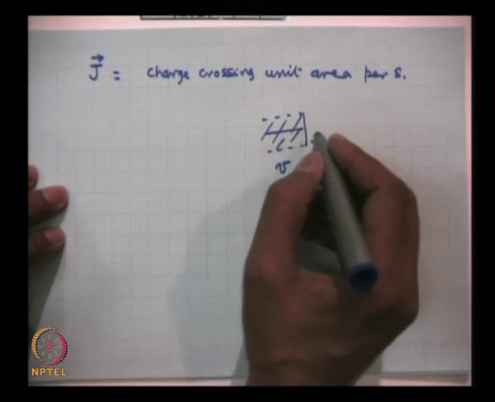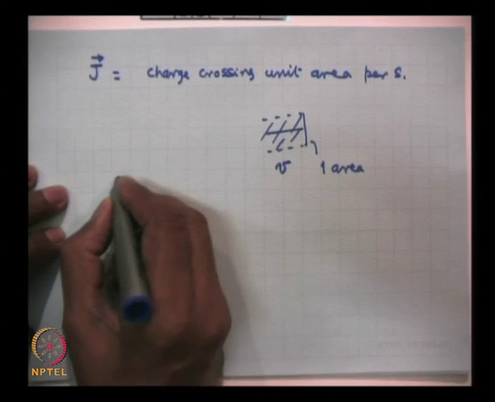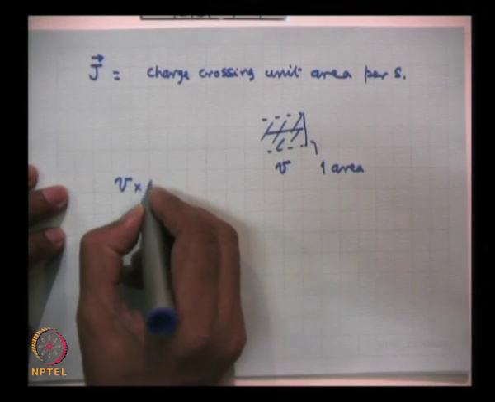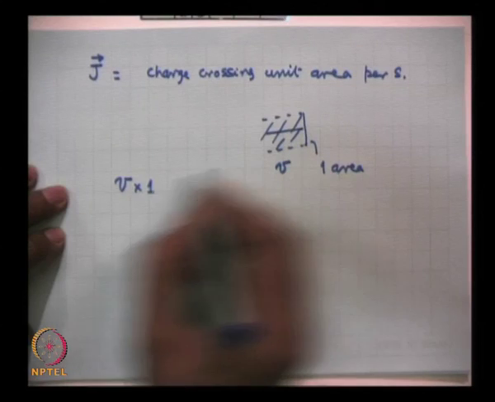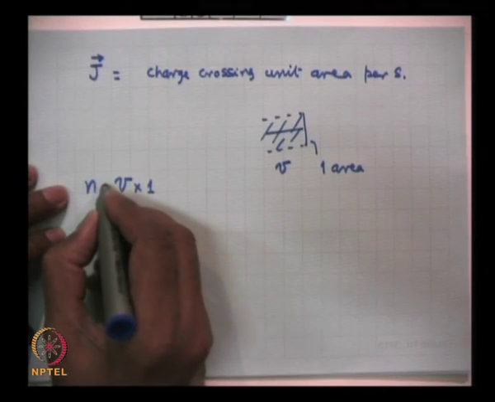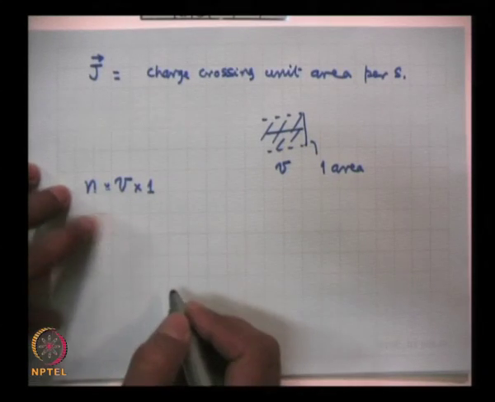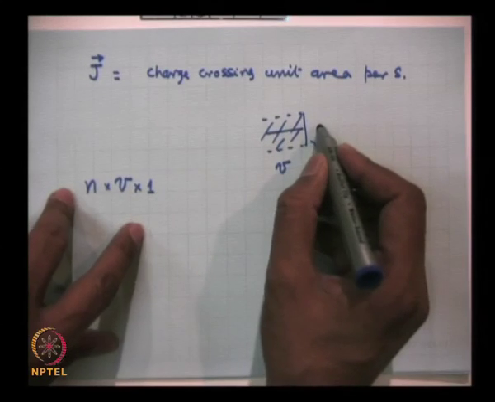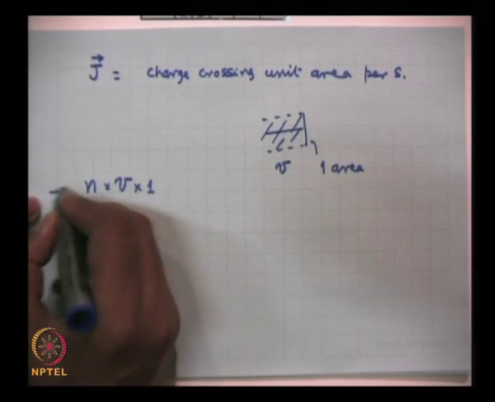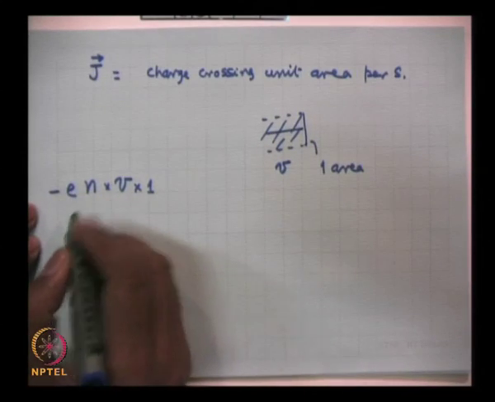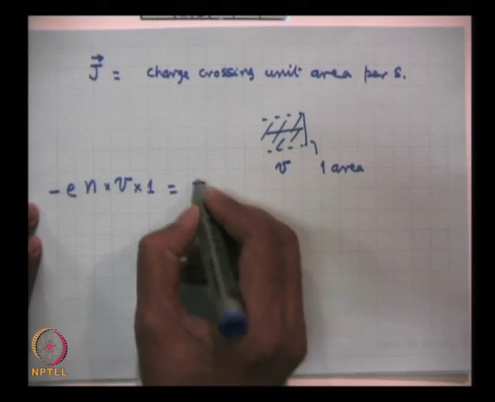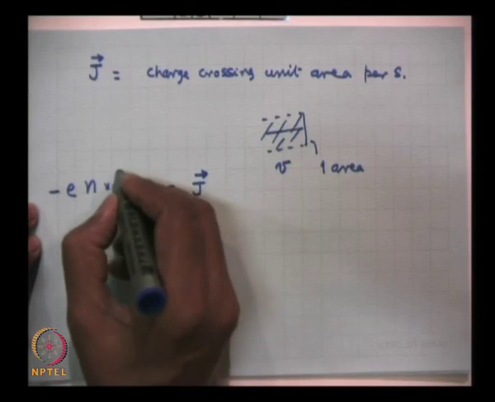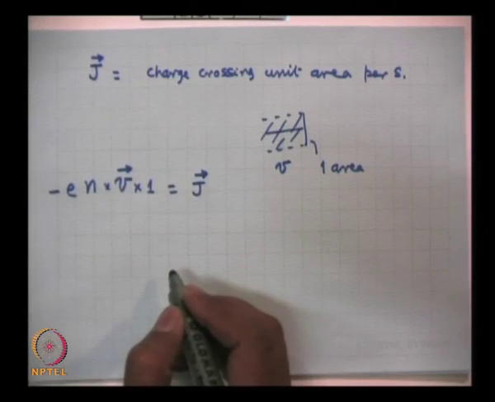So, the number of particles crossing would be, volume is v into 1 and the density of electrons is n. So, n into v into 1, this is the total number of electrons that will cross, and each electron carries a charge minus e. So, this quantity should be equal to j, and v is a velocity, so put a vector sign there.